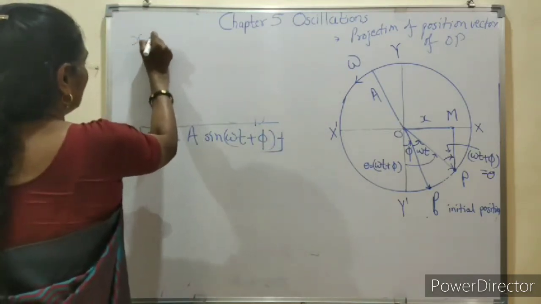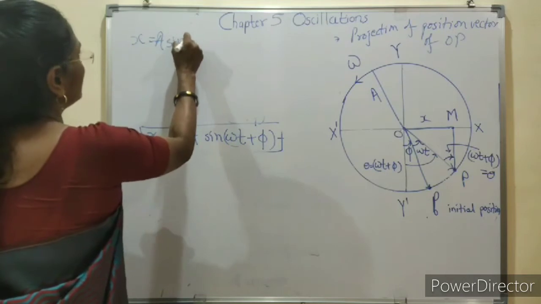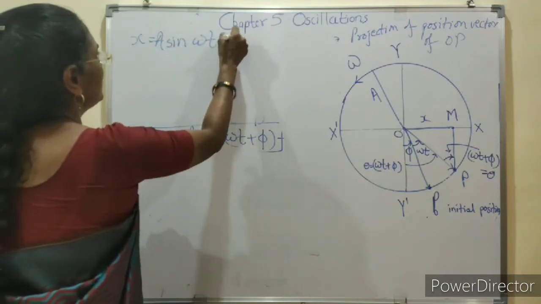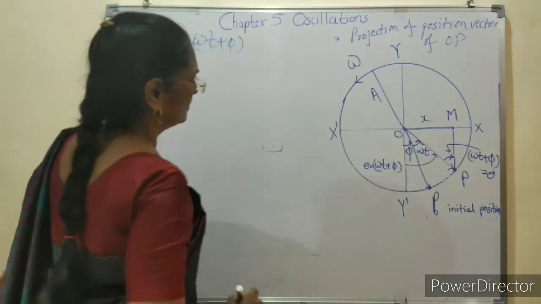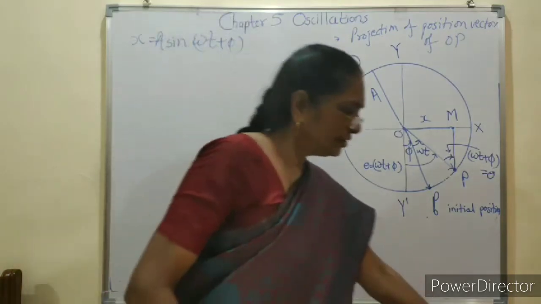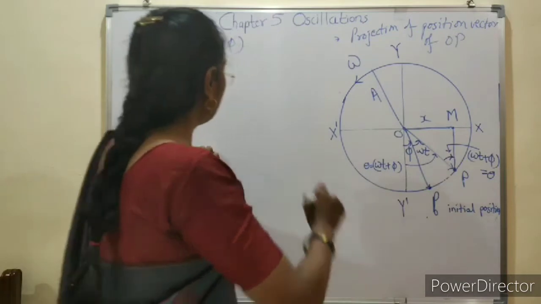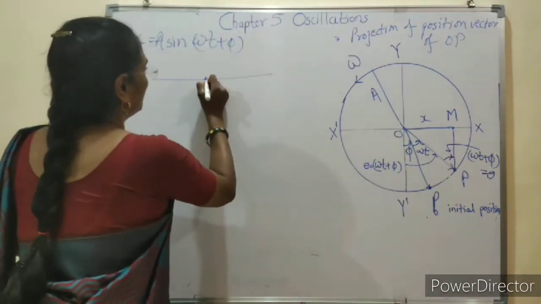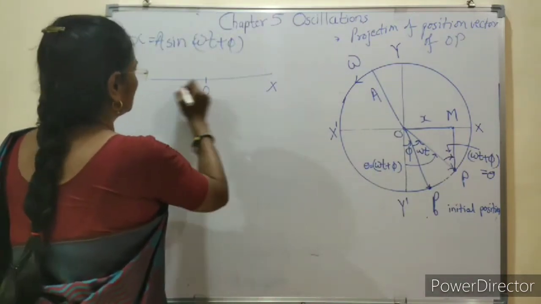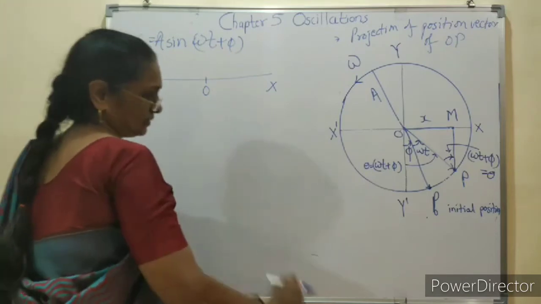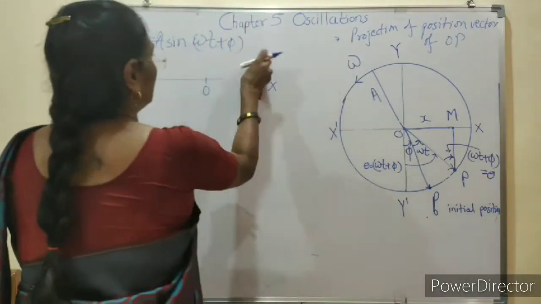X is equal to A sin omega t plus phi. Here the path of SHM can be shown here. X dash is the path of SHM.